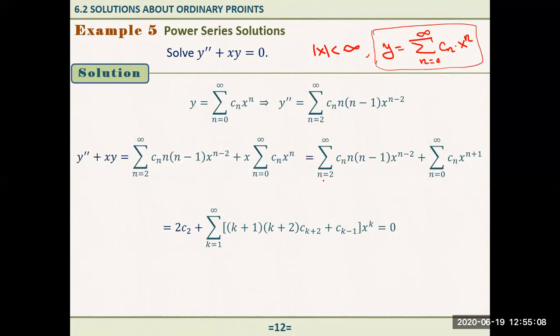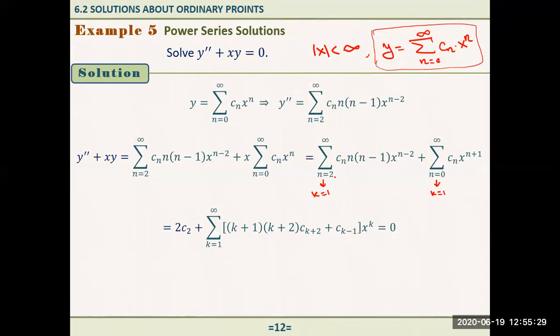Now I want both power series to have their index start with 1. To do so, what change should I make to this index? How do we make this start with 1?